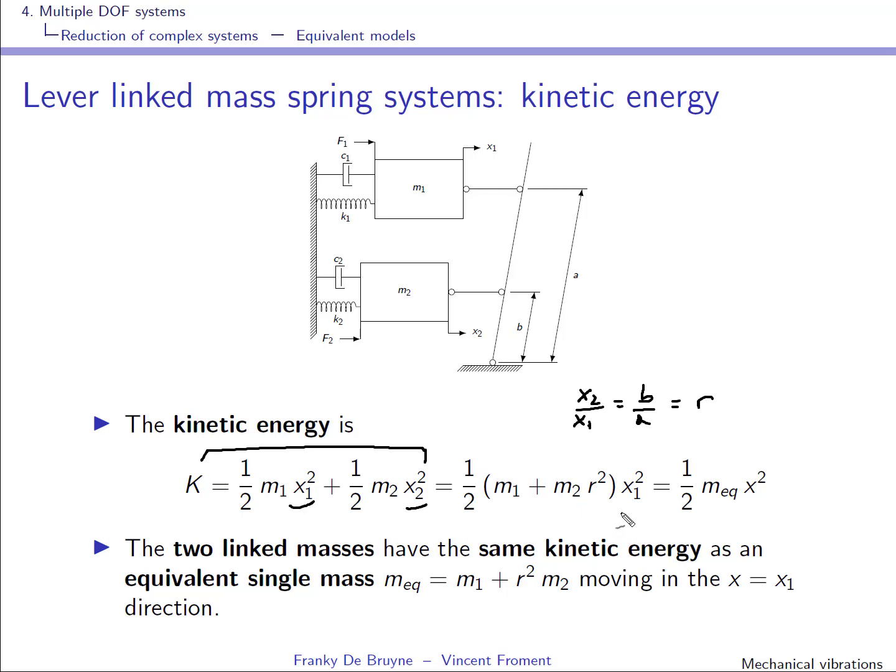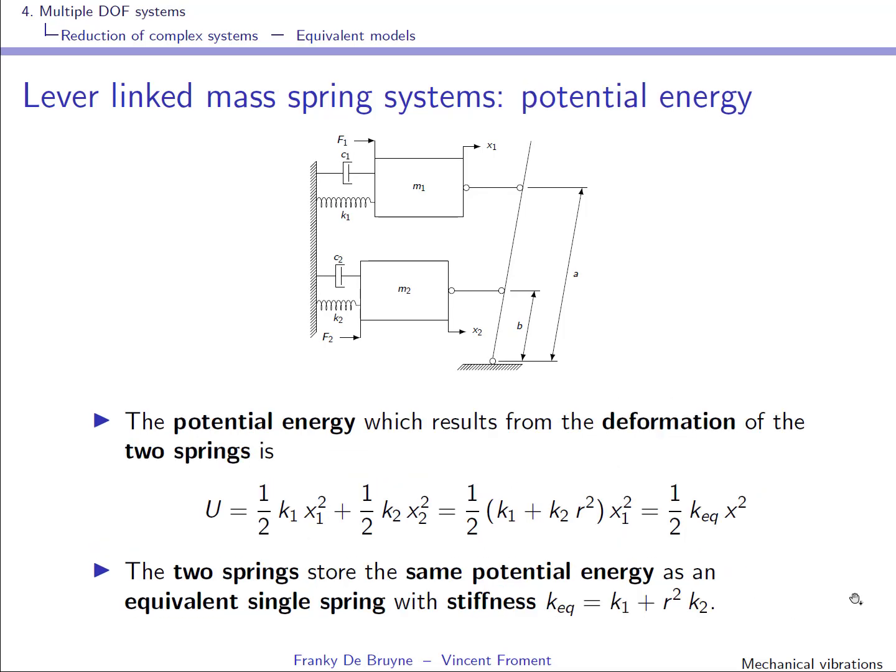So we can rewrite our kinetic energy like this, and we'll define this to be an equivalent mass. So the 2 linked masses have kinetic energy equivalent to a single mass, which is computed as follows, and it's moving in the direction x equals x1.